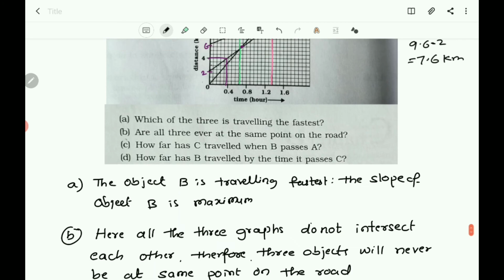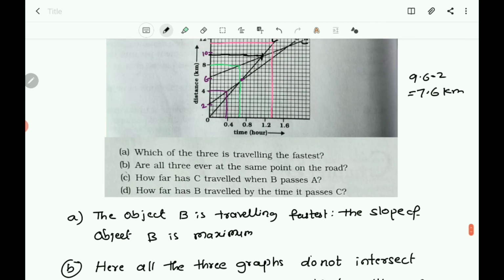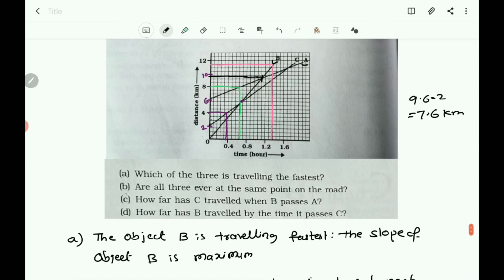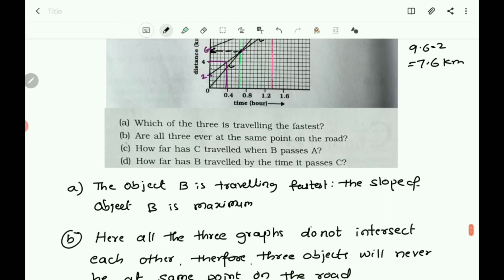Next the question D. How far has B travelled by the time it passes C? Here, the distance travelled by B by the time it passes C. Here B and C meet. This is graph B and this is graph C. So they meet at this point. How much distance does it travel? You will get that it is 6 kilometer.